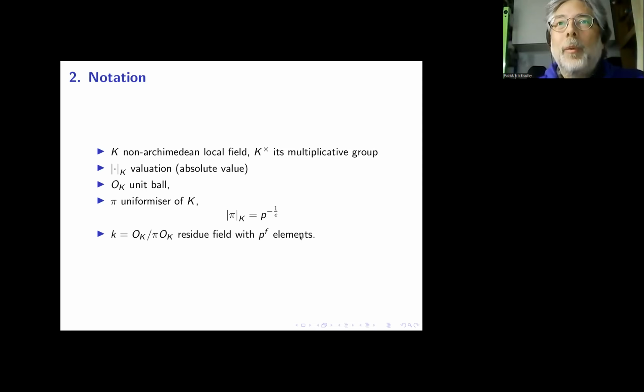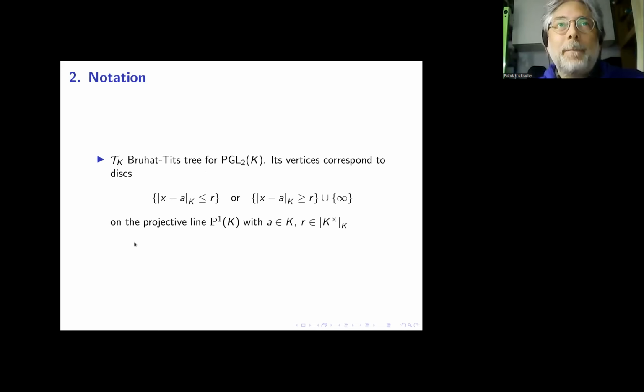And f is the partner, so to say, in the number theoretic setting, which is the degree of the extension of the residue field. So the residue field is just O_K modulo pi O_K. Pi O_K is the maximal ideal of the ring O_K, and the residue field will be denoted by a small k.